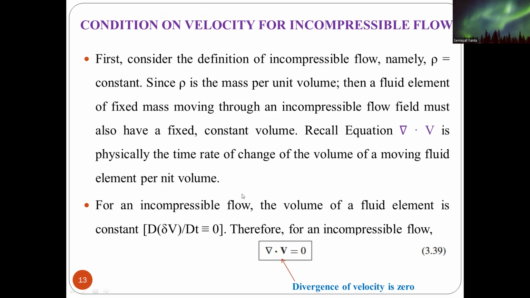That indicates that for an incompressible flow, the divergence of velocity is zero. This is actually a substantial derivative form. The capital D indicates that the derivative is a substantial derivative.